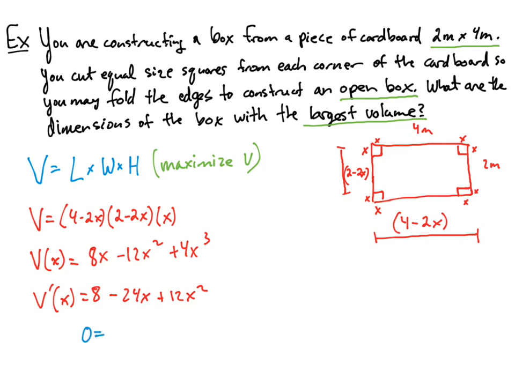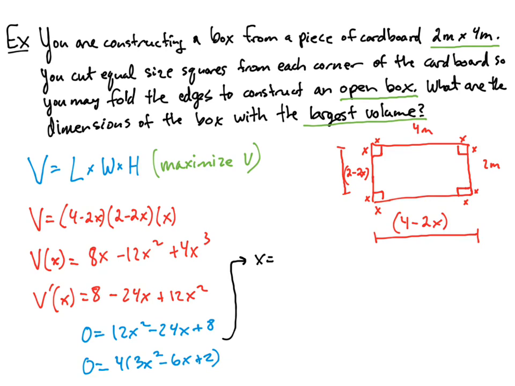So 0 is equal to, I'm going to reorder this. Okay, and then to solve this, factor out a 4. And then this actually doesn't factor, so I need to use the quadratic formula here to solve for x.